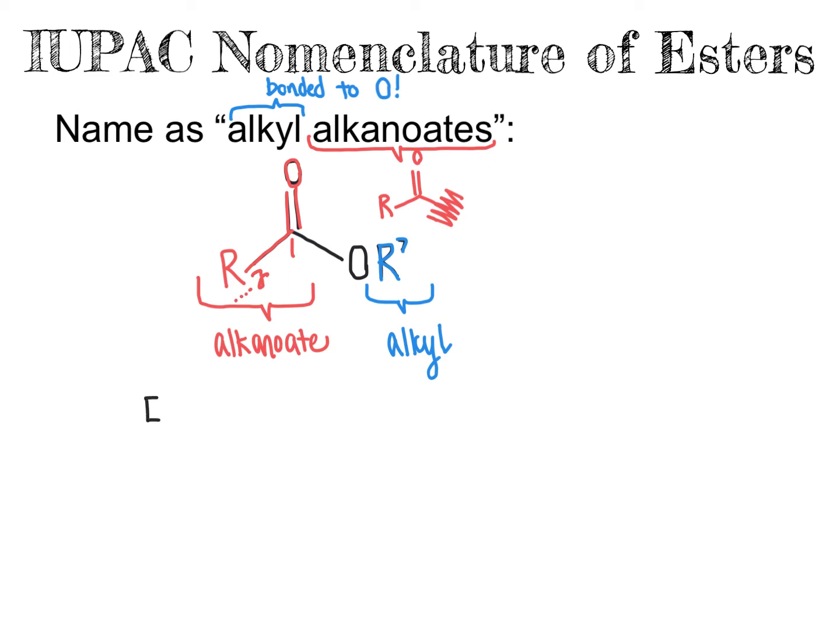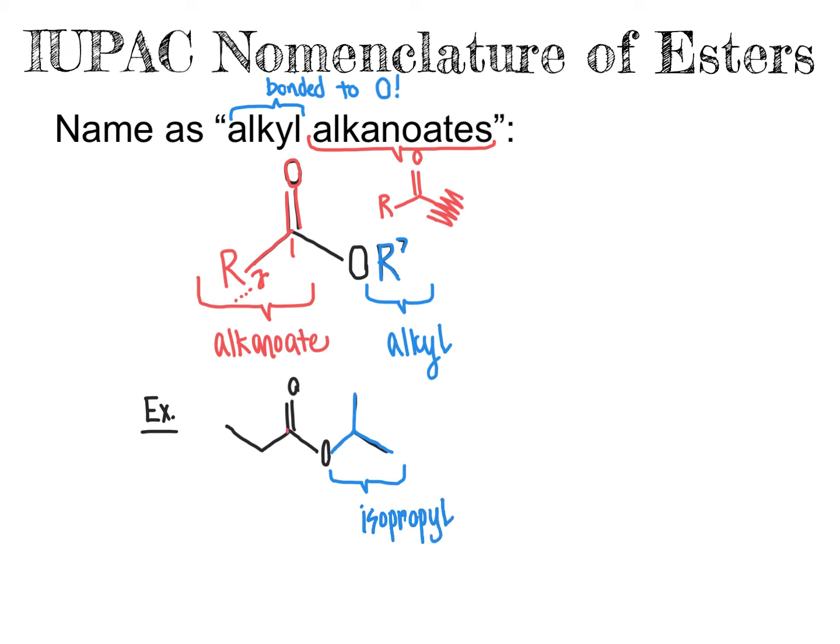So let's do an example of taking this type of nomenclature and applying it. So I'm going to go ahead and draw out the structure of an ester molecule here. Like so. Now to name this molecule, we will go ahead and start by naming the alkyl group, which I'm going to highlight and bracket off in blue here. Our alkyl group is this 3-carbon group with the connection point there at the middle carbon, meaning this is called an isopropyl group, based on the nomenclature we've learned before for these branched 3-carbon groups.